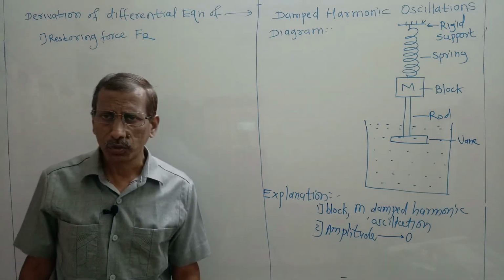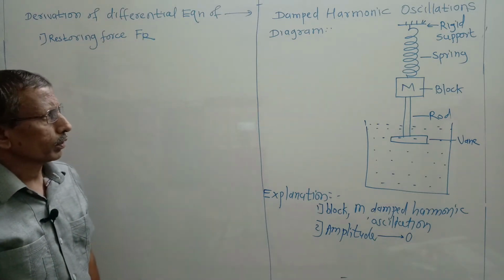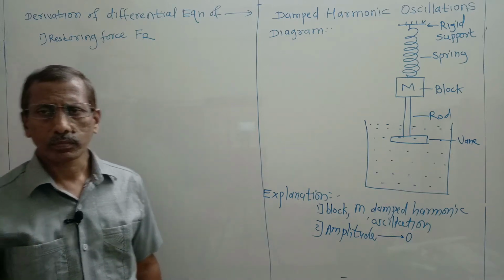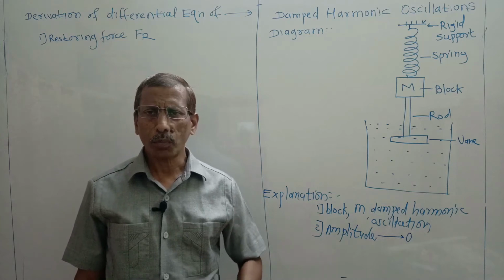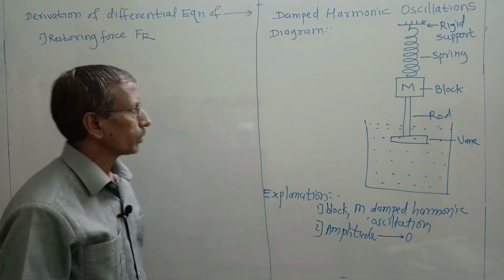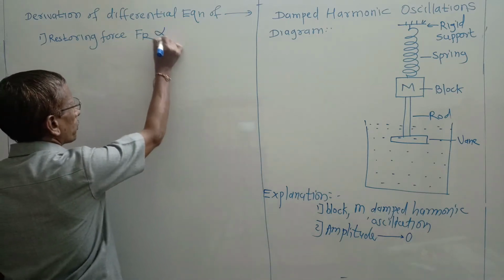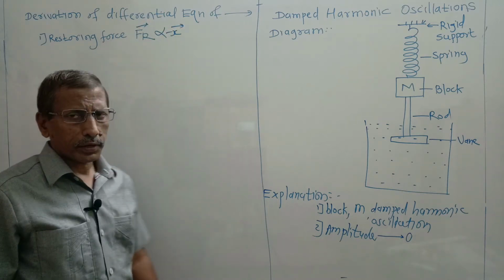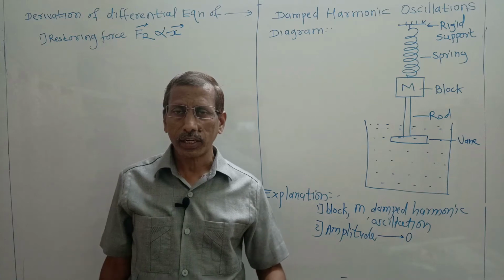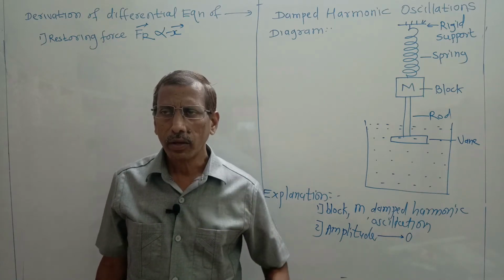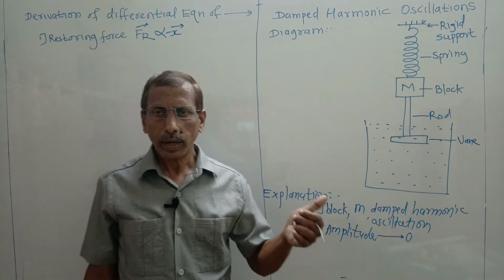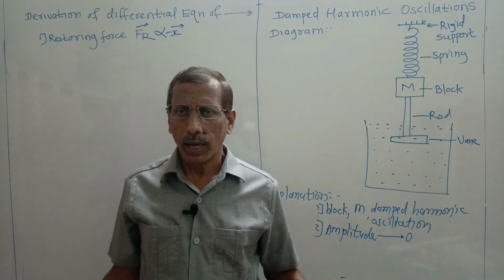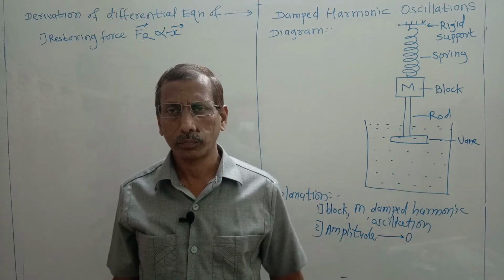Fr represents restoring force. This restoring force we already studied. It is a function of the displacement. Restoring force is directly proportional to displacement, and it is oppositely directed to the displacement. It means that restoring force and displacement are oppositely directed.